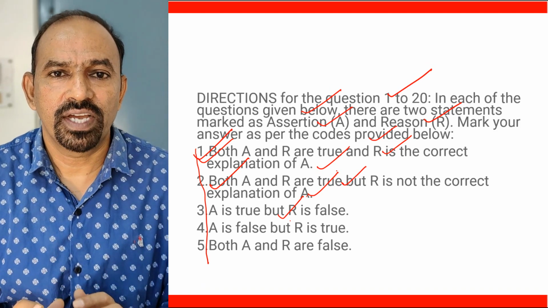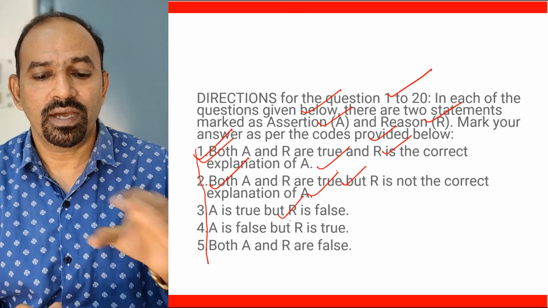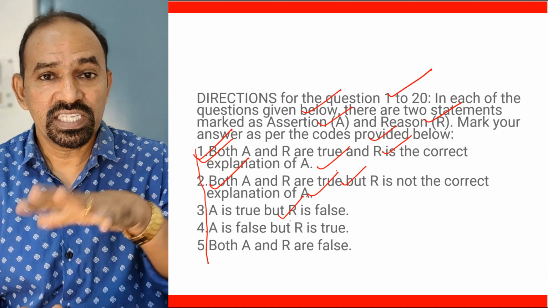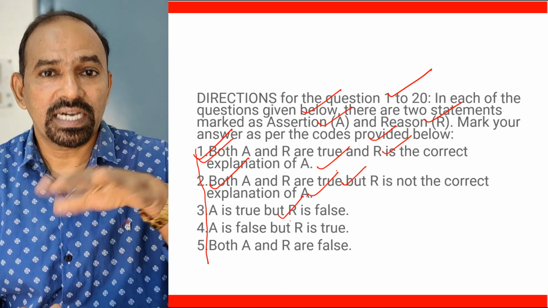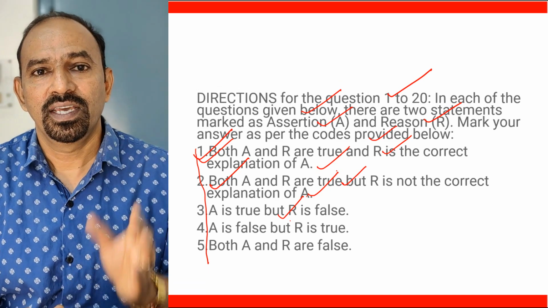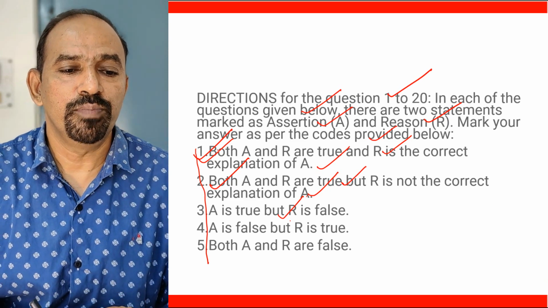It simply says that both of the statements, the claim statement and the reason statement, are true, but the reason statement is not the correct explanation of the assertion. If 2 statements are like this, you have to choose B.